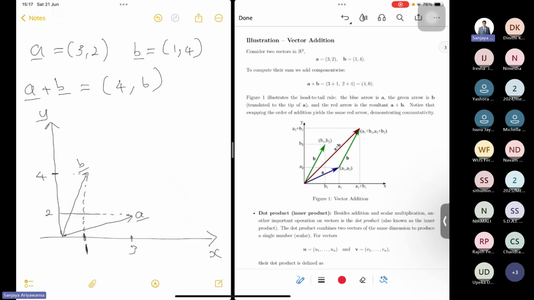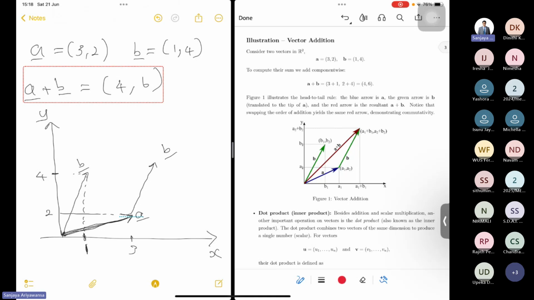So a plus b is simply, what I do is I take the head of this a vector and join it with the tail of the b vector. So this is again b.